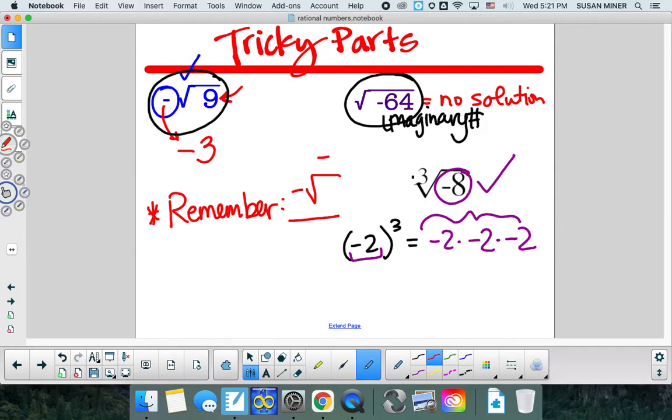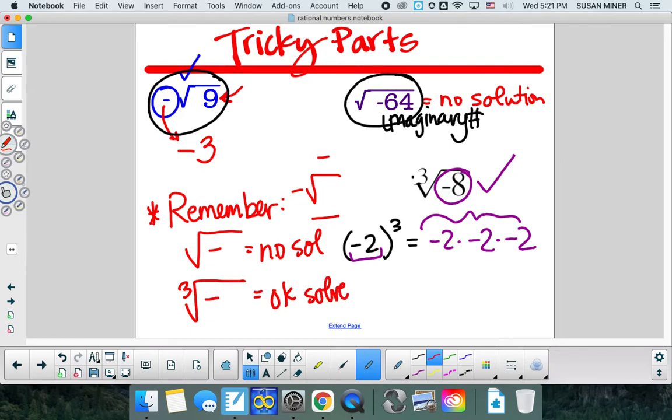If I have a negative inside, it's no solution. And if I have a cube root with a negative inside, it's okay. Solve it. My answer is going to end up negative. My root is negative on those.